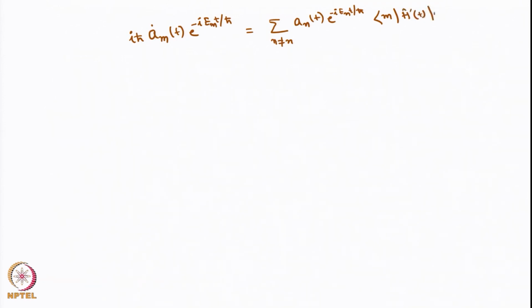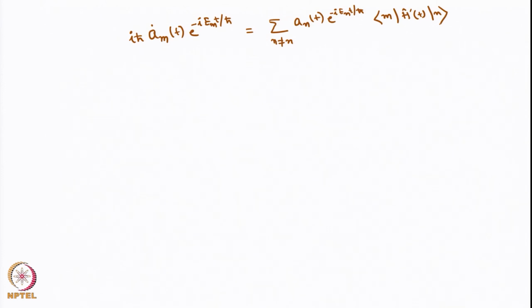So, on the left hand side only one term will survive, where m is equal to n. So what you will get is i h bar a_m dot t e to the power of minus i E_m t by h bar, which is equal to sigma over n not equal to m a_n of t e to the power of minus i E_n t by h bar <m|H'(t)|n>.